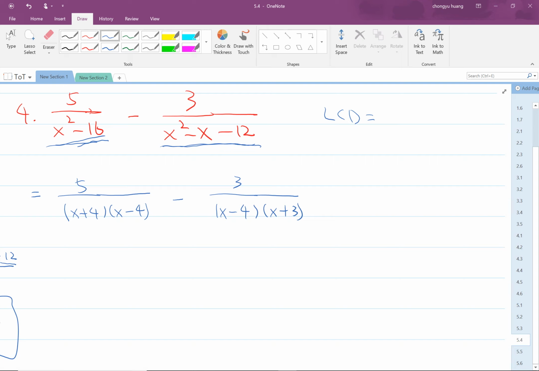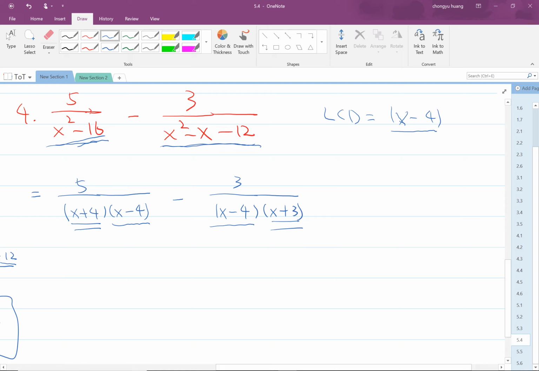Okay, so now you can see that they both have x minus 4 as a common term, right? And then they have two different terms.